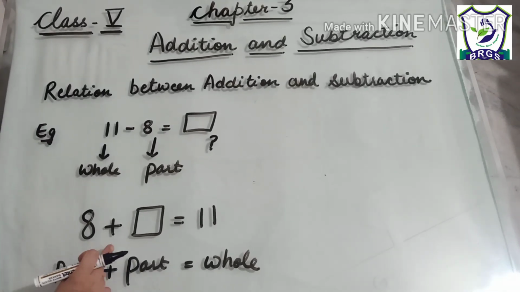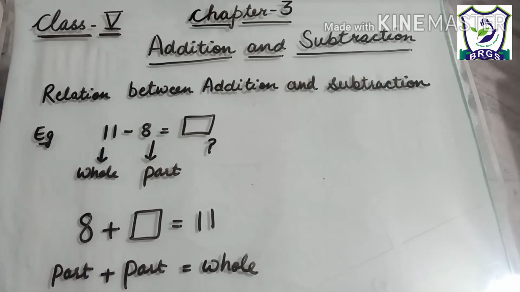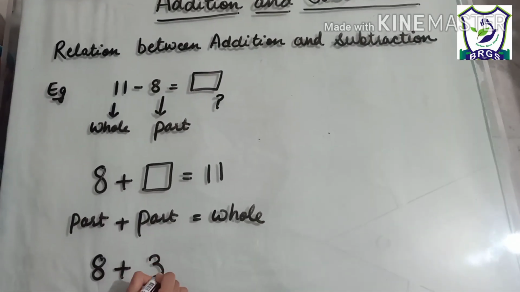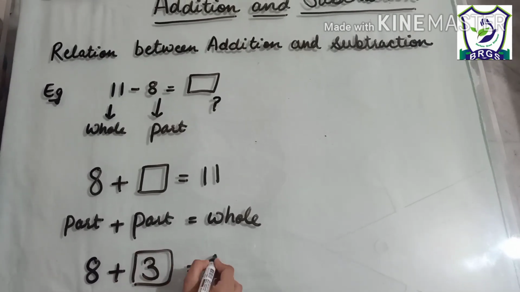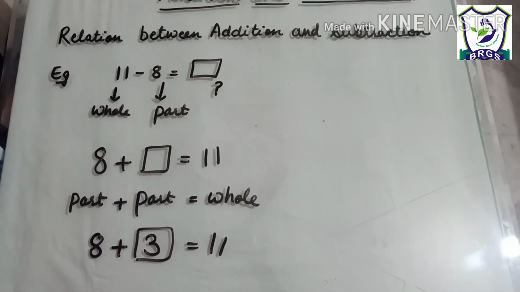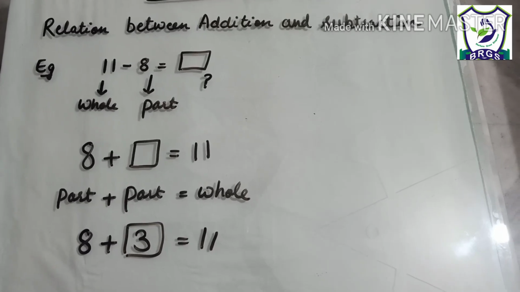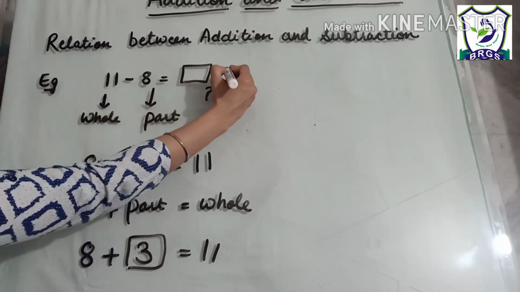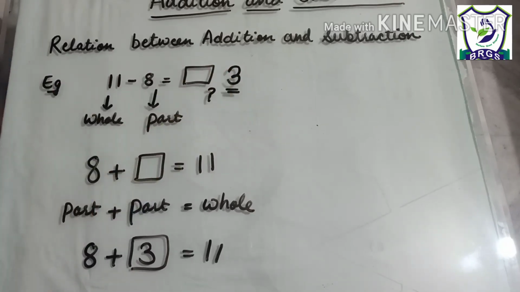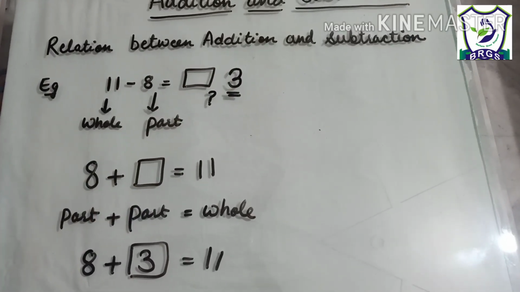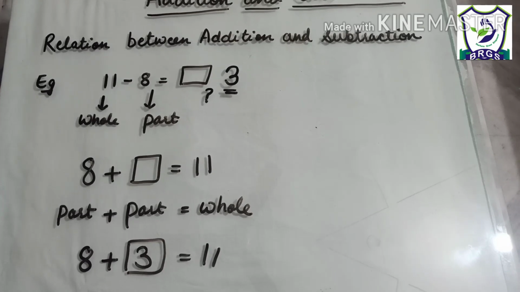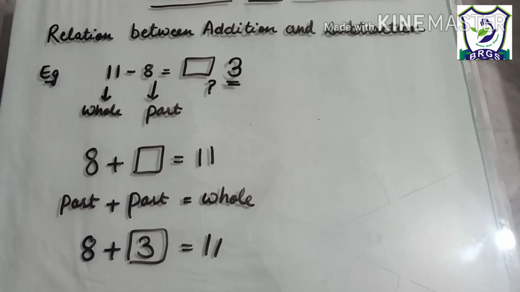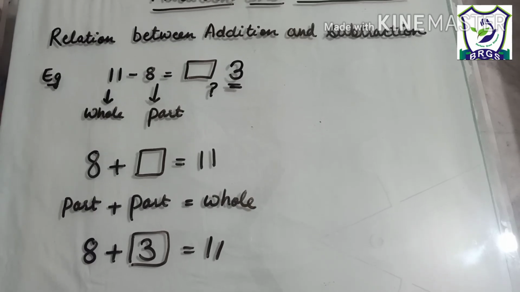We know that 8 plus 3 is equal to 11. So 11 take away 8 will be equal to 3. This is our answer, and this is the relation between addition and subtraction, because they both are linked to each other.